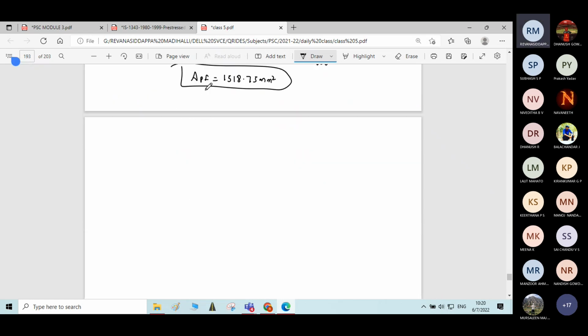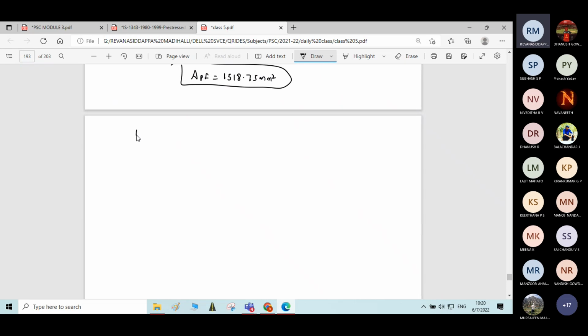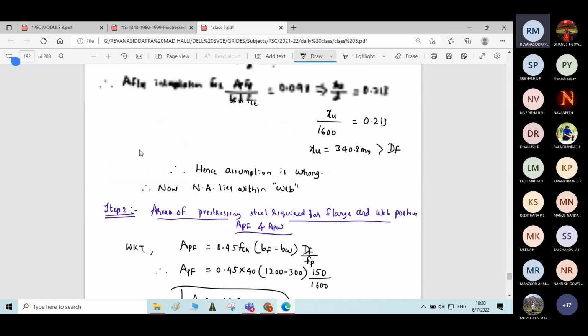Now, the total area of steel will be equal to area of prestressing steel in the flange portion plus area of prestressing steel in the web portion. Total area of steel AP is given in the problem.